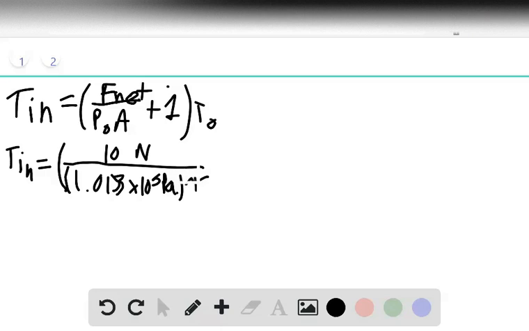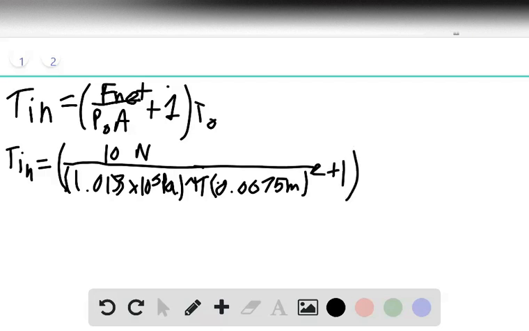And then the area of the stopper, pi, we're given the radius, 0.0075 meters. And that's squared. And then all that plus 1 times T naught, which we're given, and we need to convert to Kelvin, 273 plus 18.